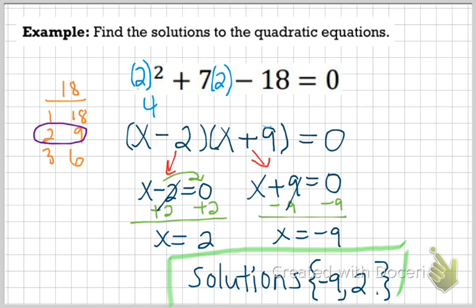Here we have 7 times 2, which is 14. Then we have minus 18. Now 4 plus 14 is 18. 18 minus 18 gives you 0. So this means that 0 is the same thing as 0, which is correct. They're both the same amount. So that's how we know that the two solutions that we got at the end are correct by substitution.